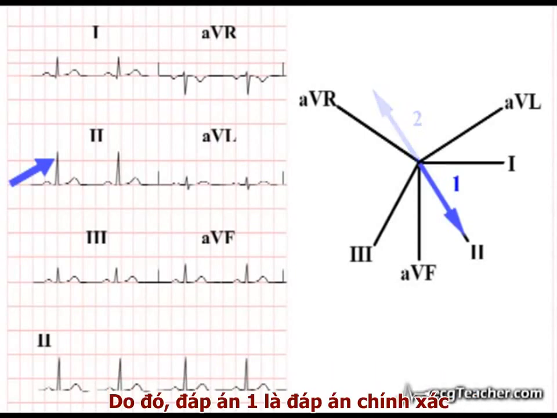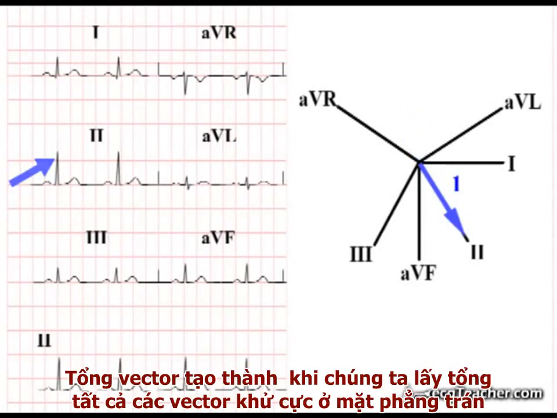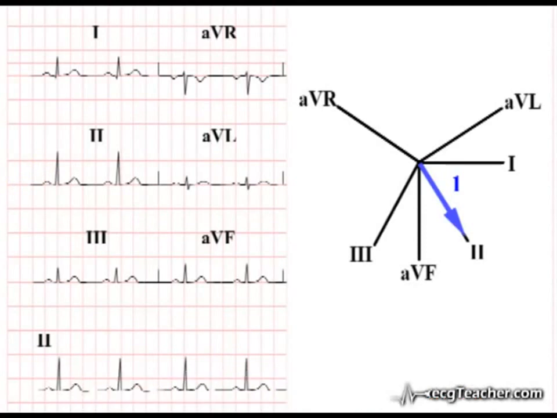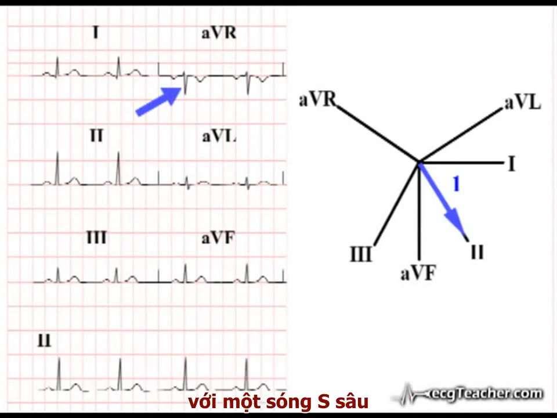Therefore, option 1 must be correct. The total vector generated when we add together all frontal depolarization vectors must be traveling towards lead 2. Consistent with this, the QRS complex in lead aVR is strongly negative, with a deep S wave and little R wave activity.